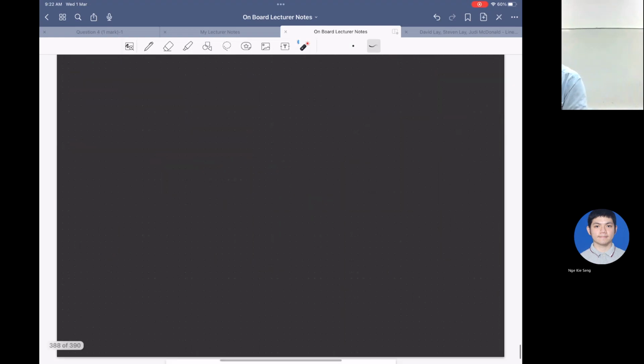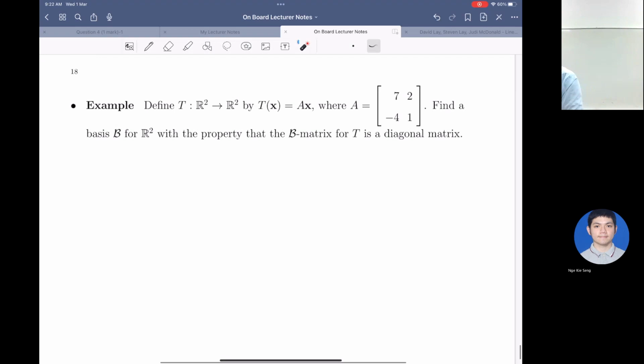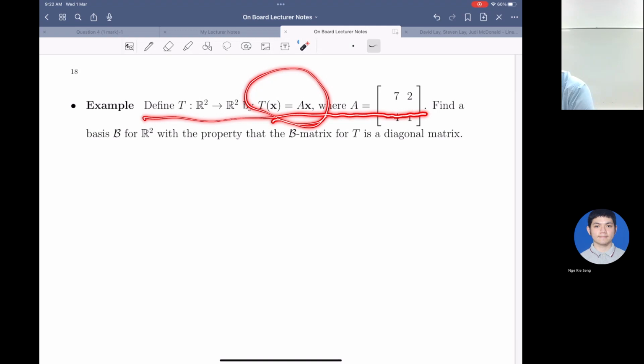Okay. Next. Similarly, we have a linear transformation again from R2 to R2. We know that a linear transformation we can write as matrix multiplication. This is what we learned two weeks ago.